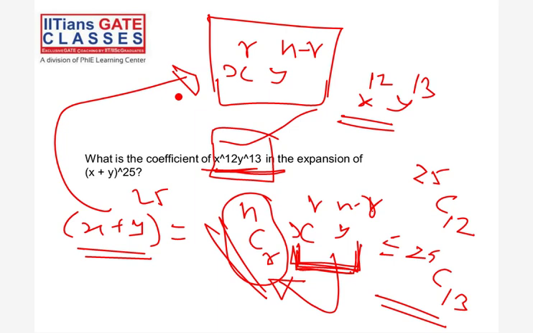Because nCr is equal to nC(n-r). Because of this identity, different expansions are possible. Like Sanjeev and Santosh gave the answer 25C13, but I gave the answer 25C12, because both are the same because of this formula nCr equals nC(n-r). We have also seen the proof of that.